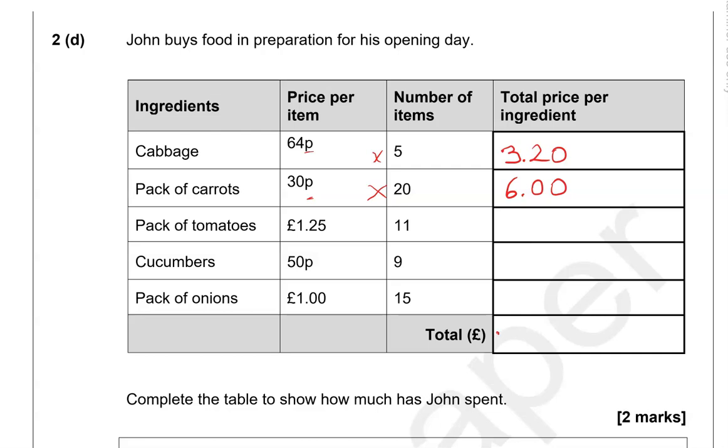Pack of tomatoes, £1.25 times 11 gives us £13.75. We don't need to convert this because it's already in pounds. And we've got 50p times 9, which gives us 450, so that is £4.50. Now £1 times 15, so that gives us £15.